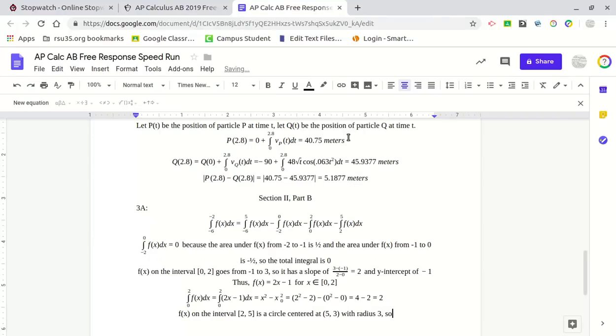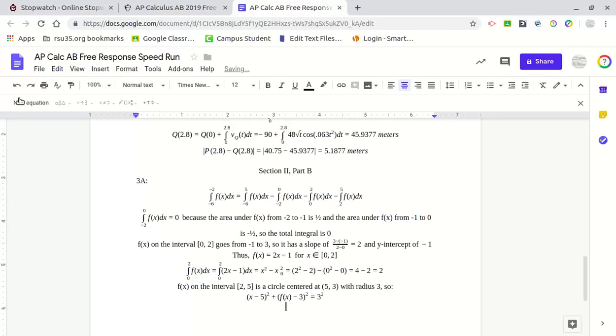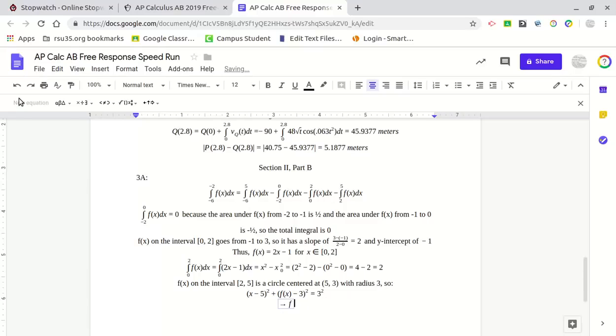So x minus 5 squared plus f of x minus 3 squared equals 3 squared, just from the equation of a circle. Actually, I should probably show my work. Okay. f of x minus 3 squared equals 9 minus x minus 5 squared. Take the square root. f of x minus 3 equals square root 9 minus x minus 5 squared. Okay, add 3 to both sides. There we go.